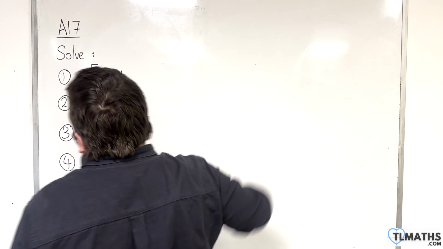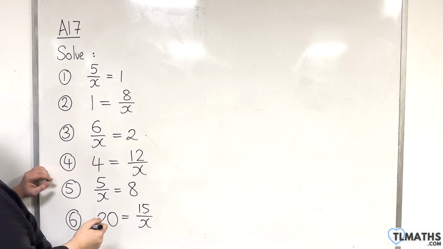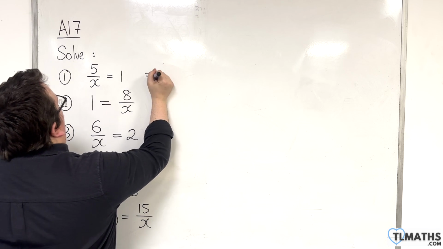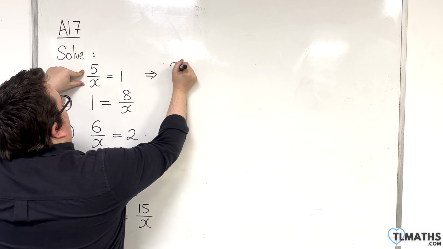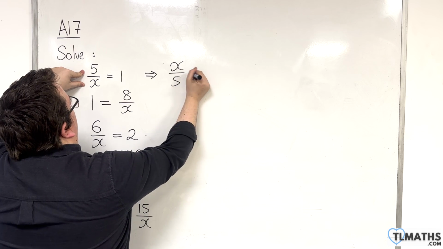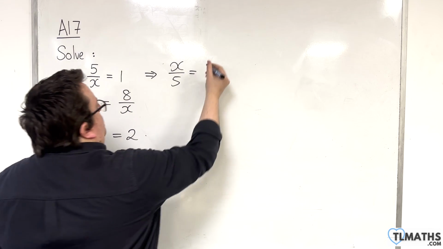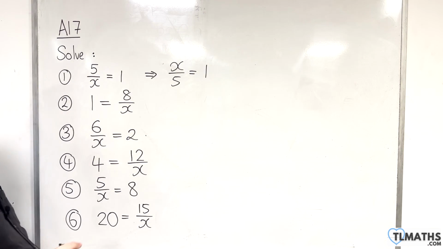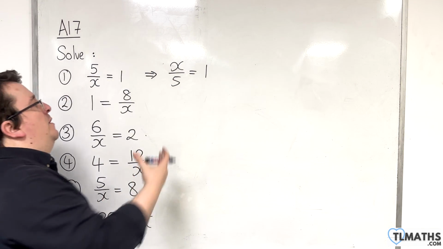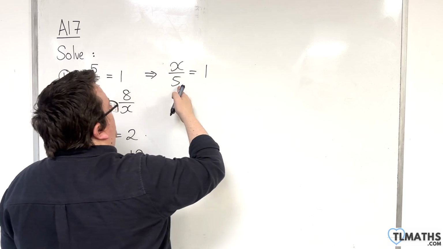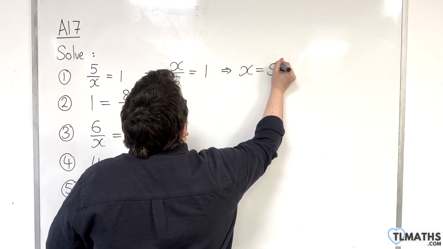So if we use that method as a stepping stone for each of these, the first equation, if we find the reciprocal of both sides, becomes x over 5, and 1 is just 1 over 1, so its reciprocal is just 1. The problem reduces to this, and then you can multiply both sides by 5, because we're dividing by 5 there, and we get x equals 5.